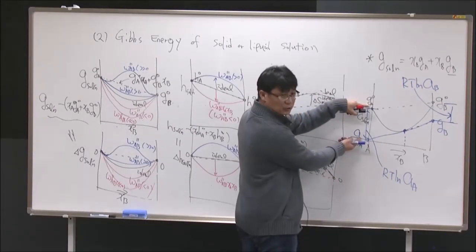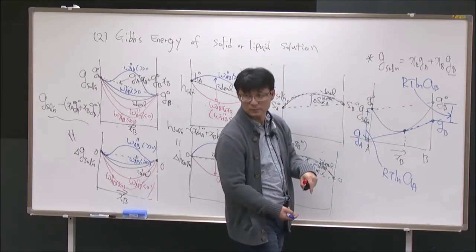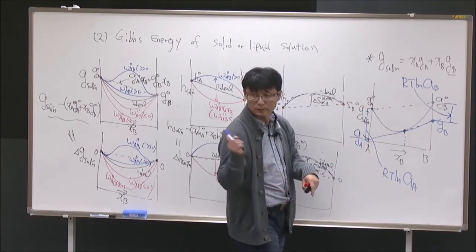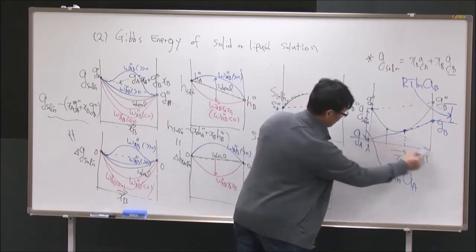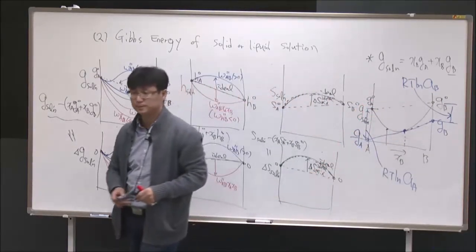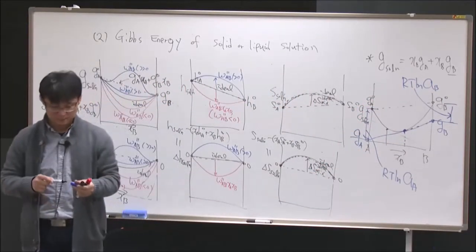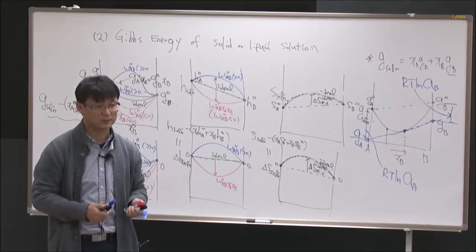The difference between these two points gives you RT ln activity. And if your composition is different, then you have a different curve here; the activity changes with the composition.